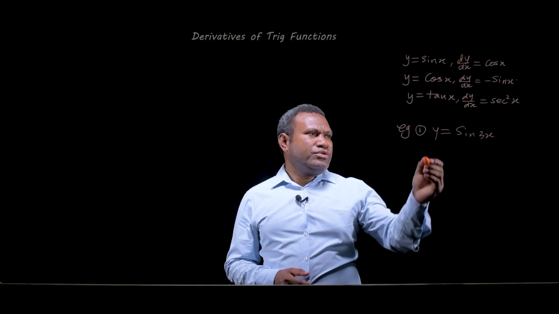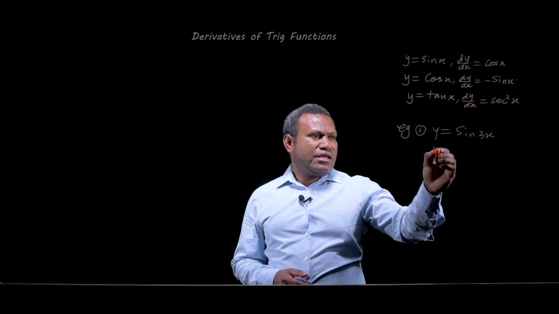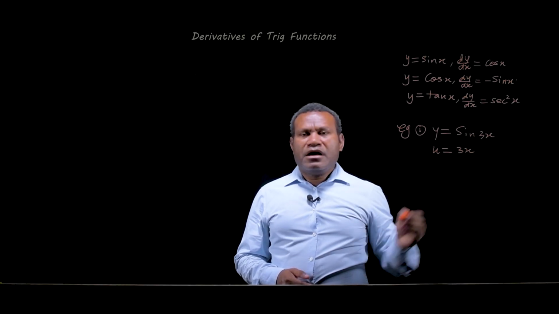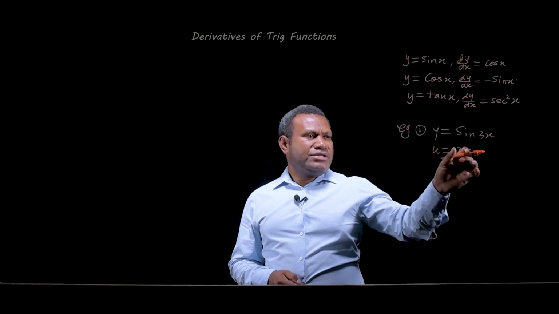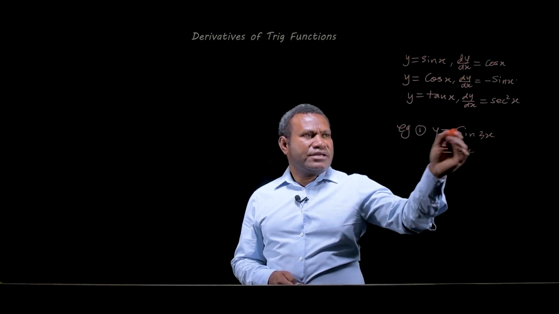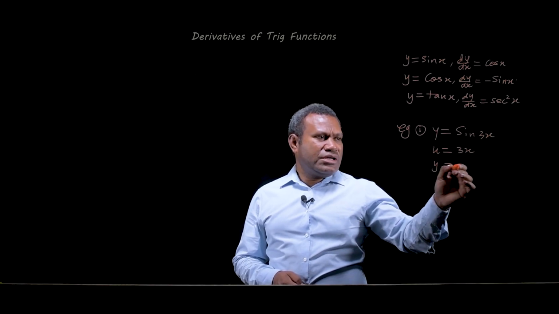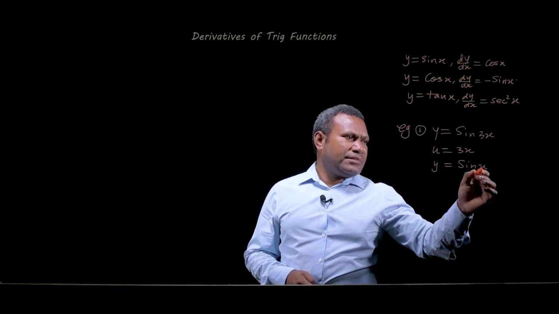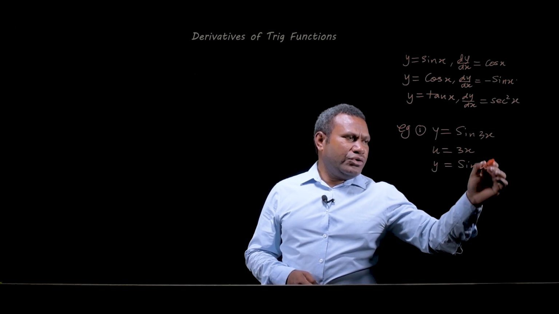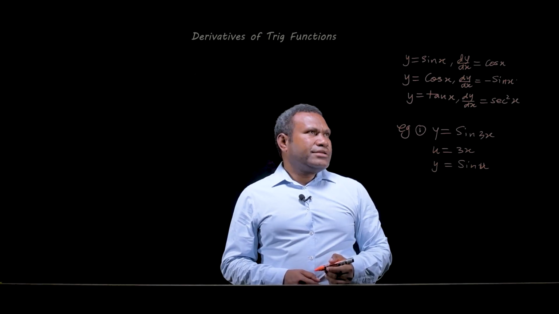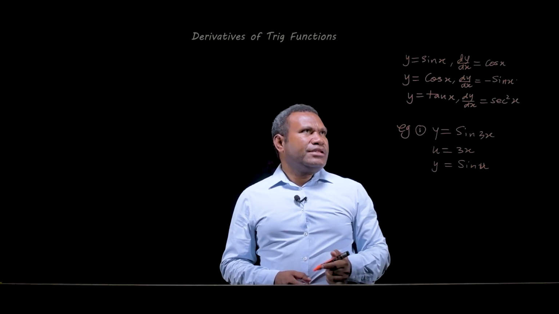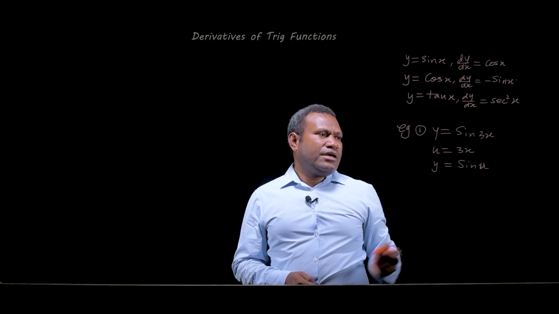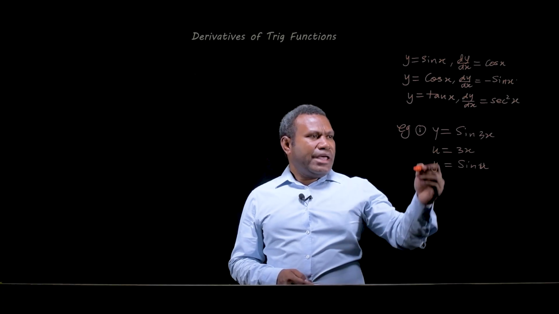So in order to differentiate this, we will let u equal 3x. Now, if you substitute u for 3x, the function becomes y equals sine of u. As you can see from the standard result, the derivative of y equals sine x is cos x.